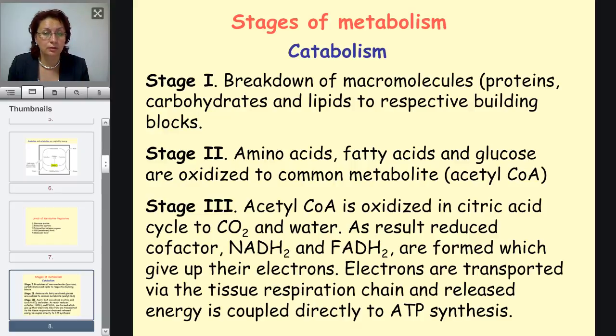As a result, the reduced cofactors NADH2 and FADH2 are formed, which give up their electrons. Electrons are transported via the tissue respiration chain and the released energy is coupled directly to ATP synthesis.